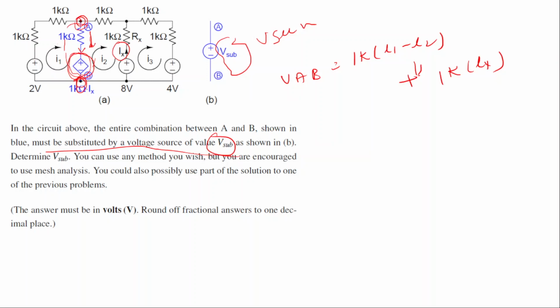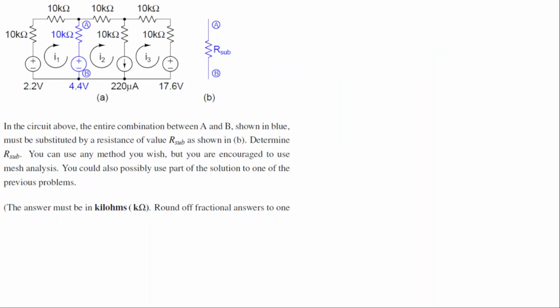Yeah. Similar to this, we need to find the R substitute. In this element, we need to find the voltage between these nodes, and we know the current in this branch, which is I1 minus I2. So we need to divide the voltage VAB by (I1 minus I2).